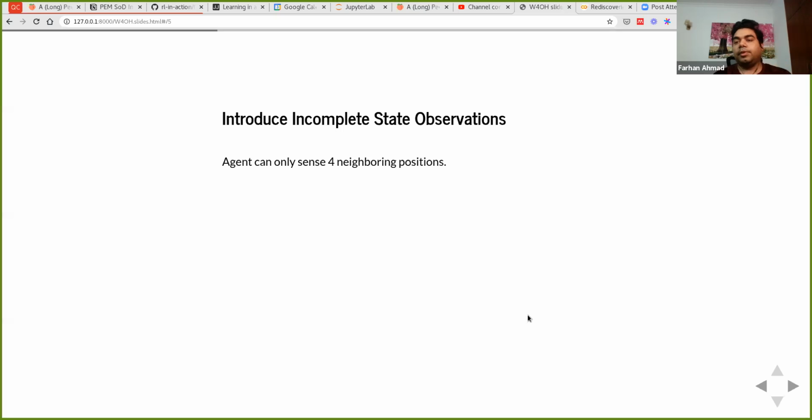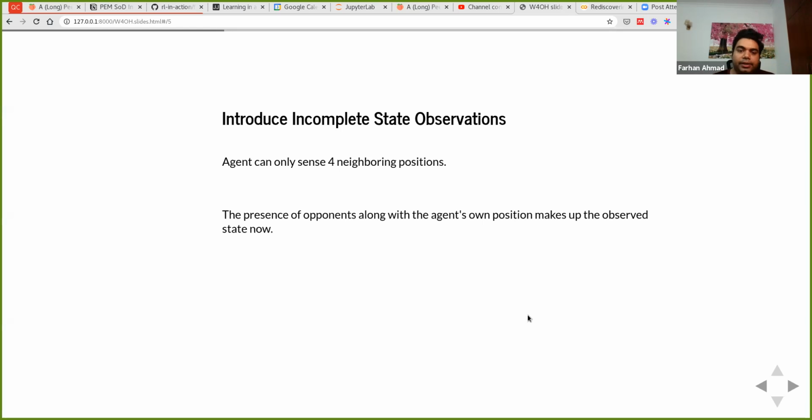The thing we introduced for the first time was this concept of incomplete state observation, where we were being more realistic and just allowing four neighboring positions to be seen or sensed, and this is going to be the case for most real world environments.